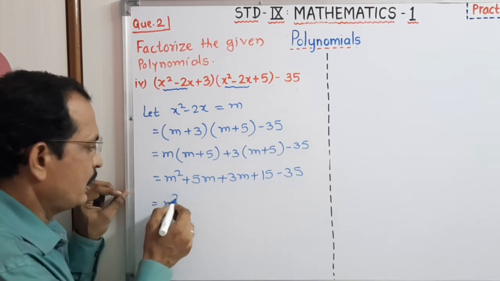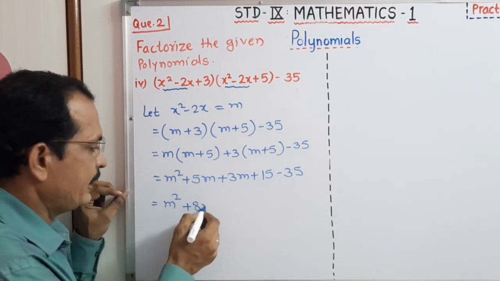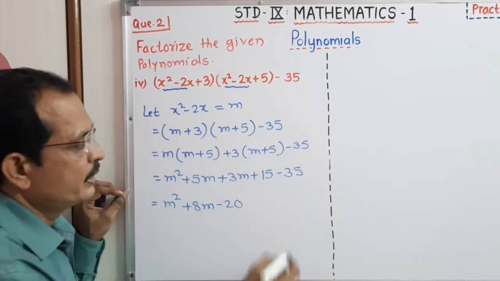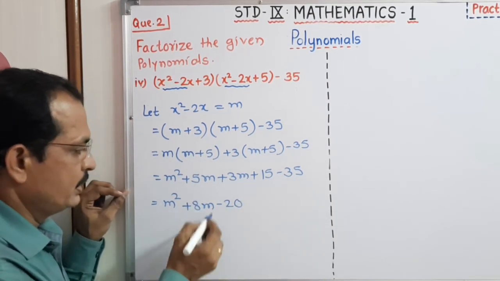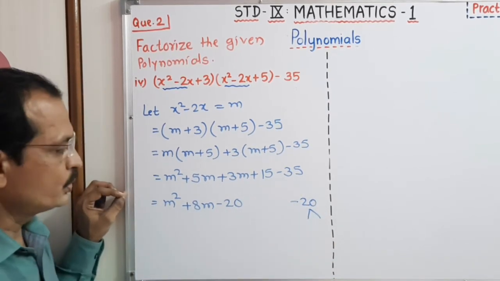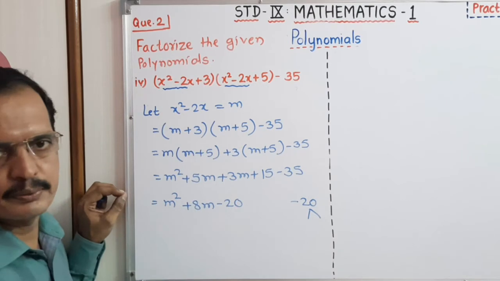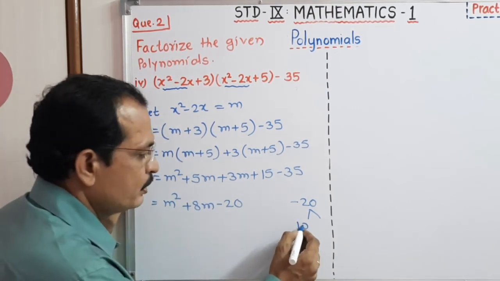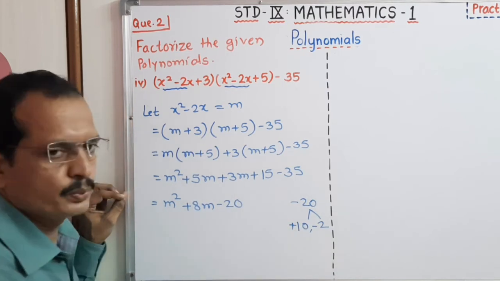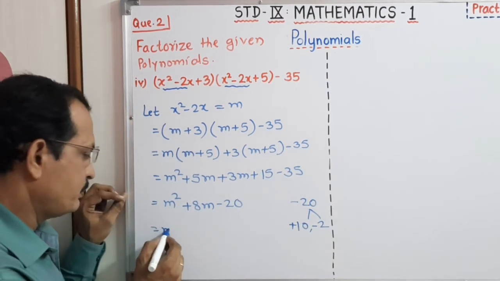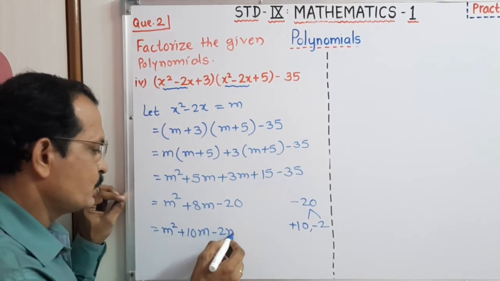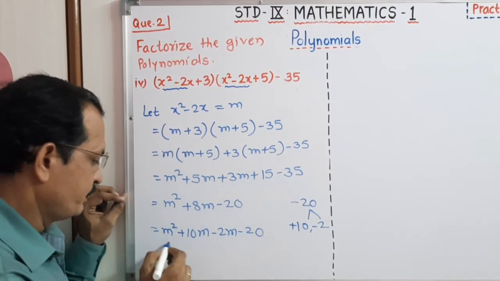Therefore dear student, m square plus 8m minus 20. Here it is minus 20. Now tell me the factors of minus 20 whose subtraction should be 8. It is plus 10 and minus 2. Therefore we write here m square plus 10m minus 2m minus 20.